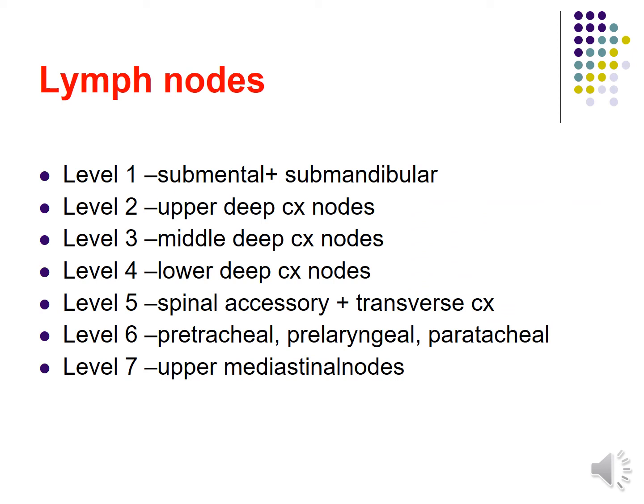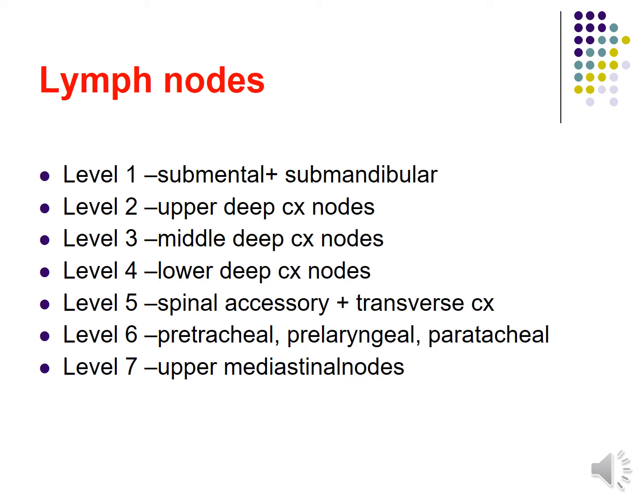We'll soon see the lymph nodes in the cervical region. What are the levels? There are 7 levels of lymph nodes in the neck. Level 1 is the submental plus submandibular group of lymph nodes. Level 2 is the upper deep cervical group of lymph nodes. Level 3 is the middle deep cervical lymph nodes, and level 4 is the lower deep cervical lymph nodes, that is along the sternocleidomastoid muscle.